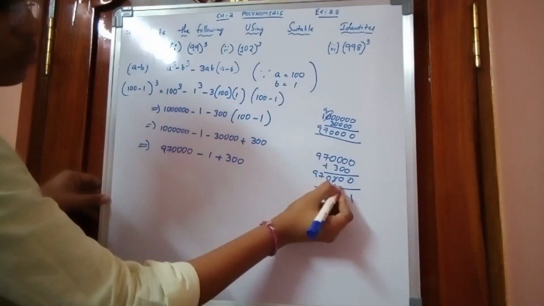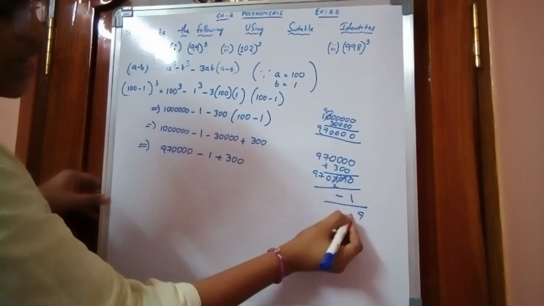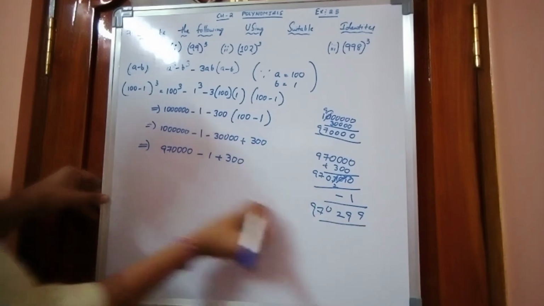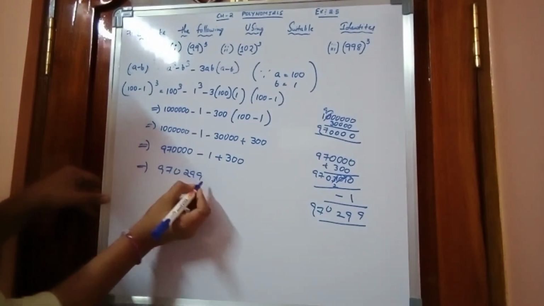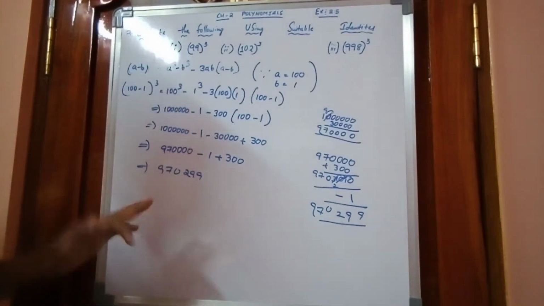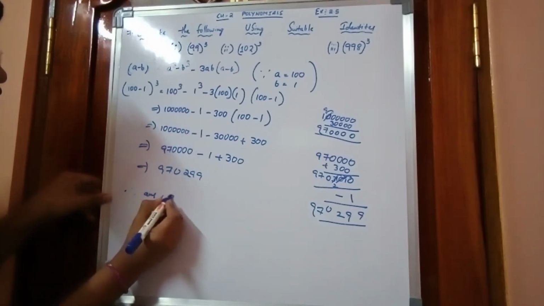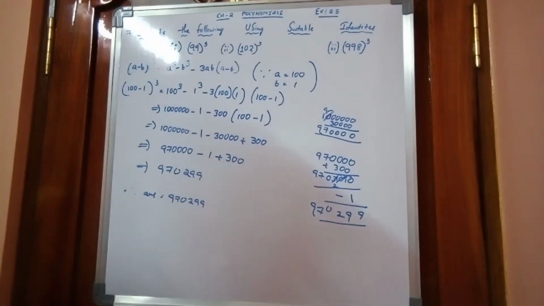So we'll get 2 10, 9 10 minus 1 is 9, as it is, 2 here, 0, 7 as it is, 9. So we'll get 970,299. Therefore the answer is 970,299. This is the answer of the first one, that is 99 cube.